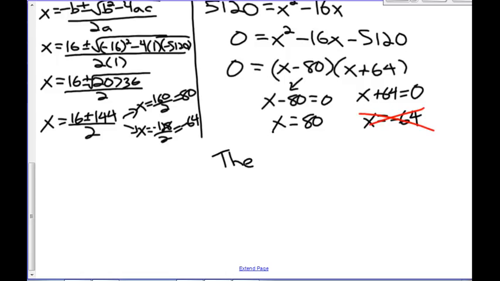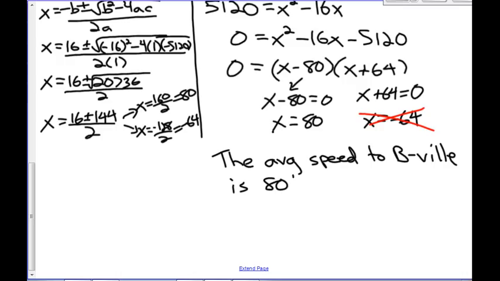So the average speed to Bville is 80 kilometers per hour. And you could double check it. That would mean that on the way there, going, the time would be 160 over 80, or 2 hours.